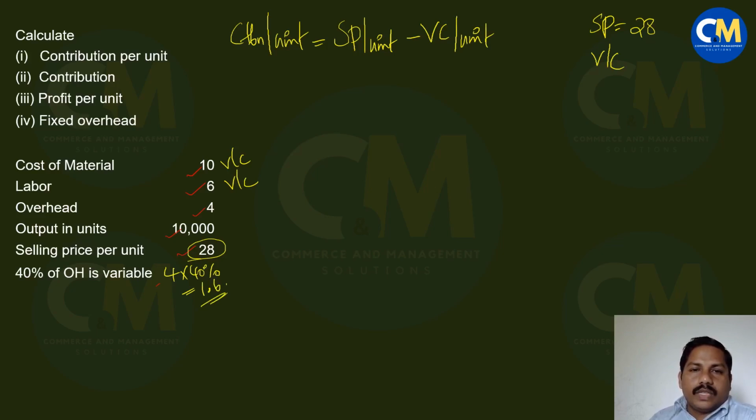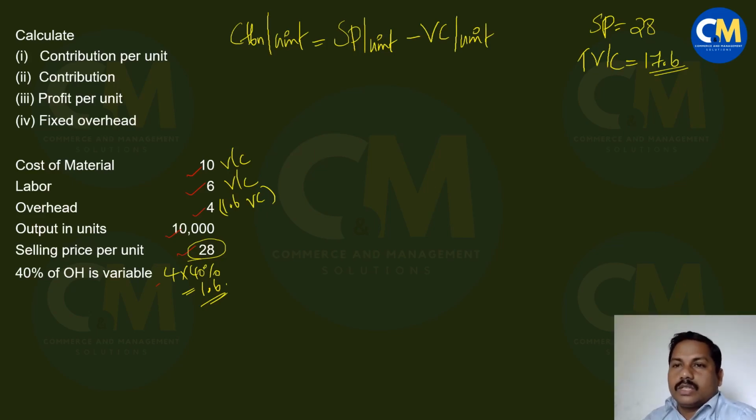Out of this 4 we can take 1.6 as variable cost. So total variable cost per unit is equal to 10 plus 6 plus 1.6, that is 16 plus 1.6, equal to 17.6.